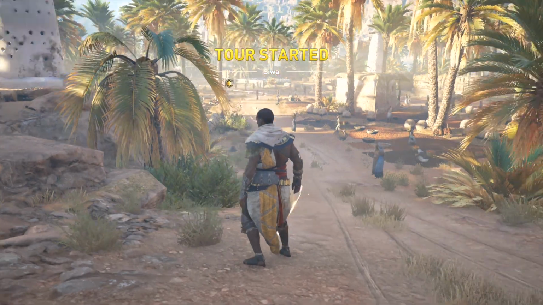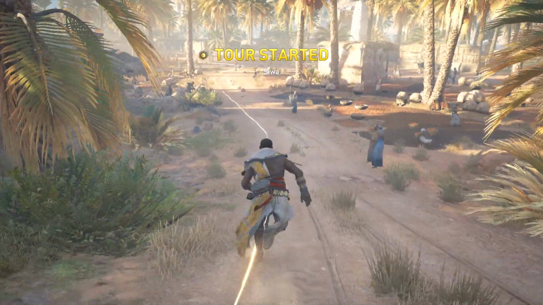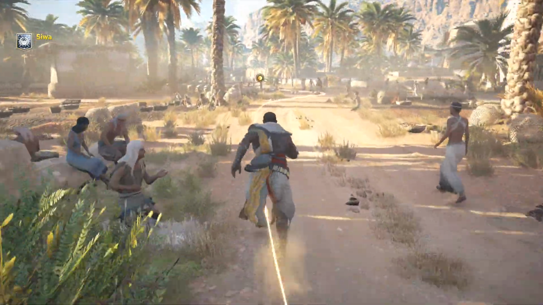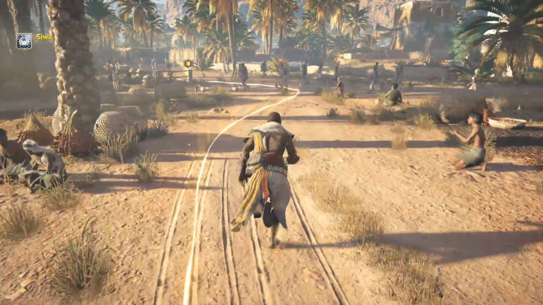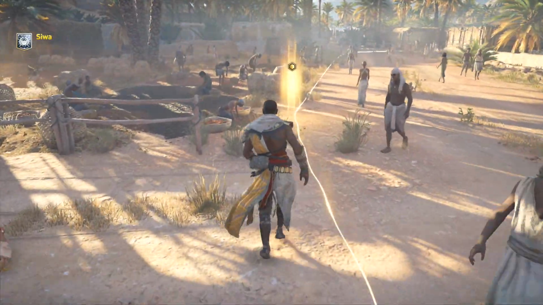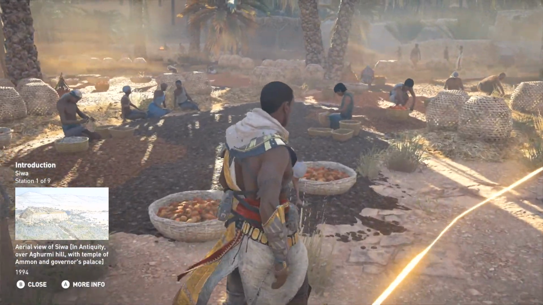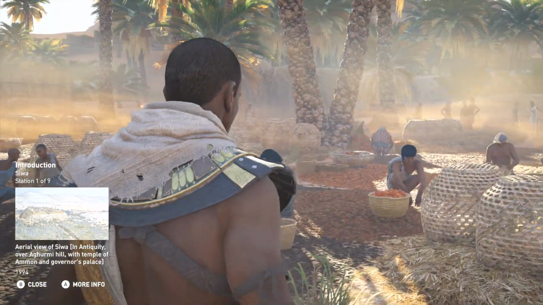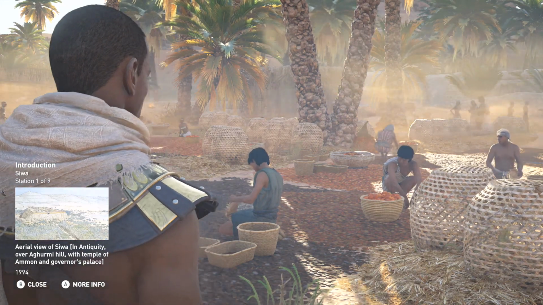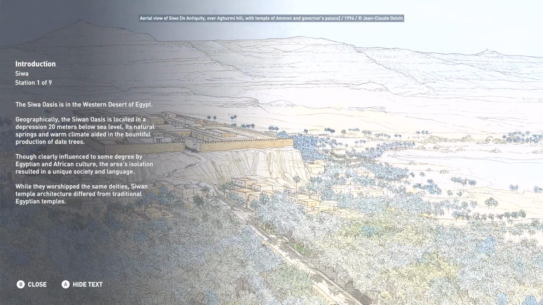Welcome to Siwa. The Siwa Oasis is in the western desert of Egypt. Geographically, the Siwan Oasis is located in a depression 20 meters below sea level.